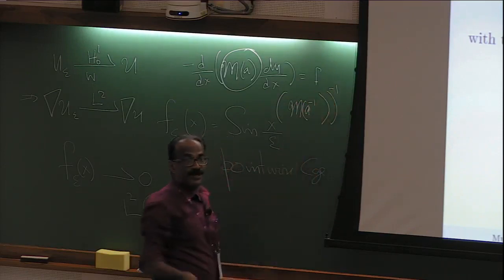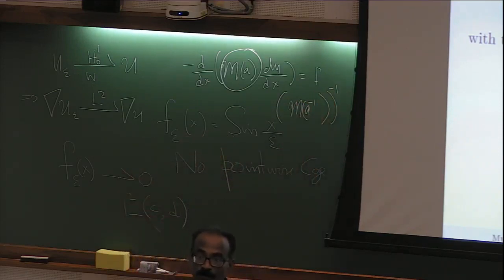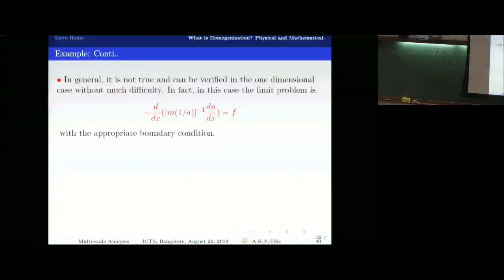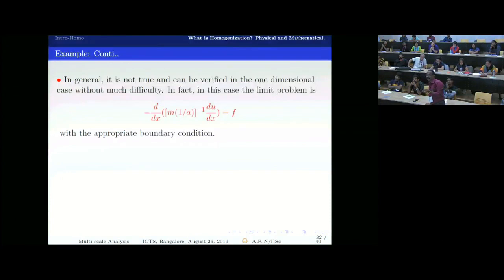That means you invert a epsilon first, take the limit, and then invert again. These are not commutative operations. That is why you take the average of 1 over a, not the average of a. That is the limit of 1 over a epsilon, not the limit of a epsilon.